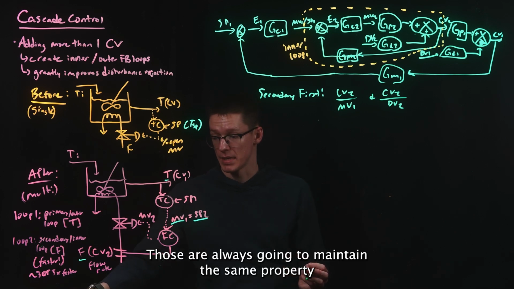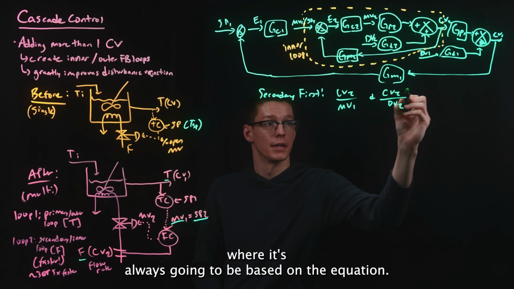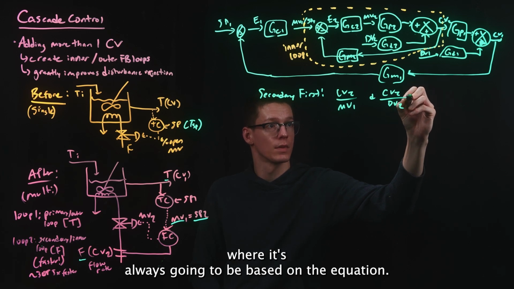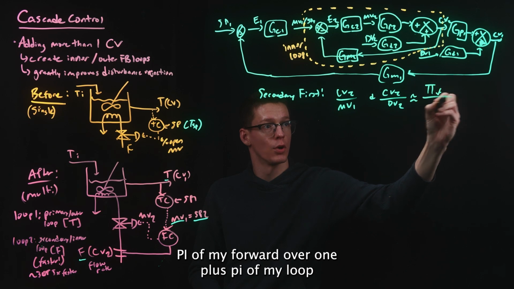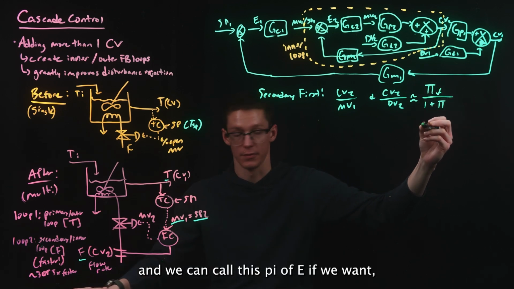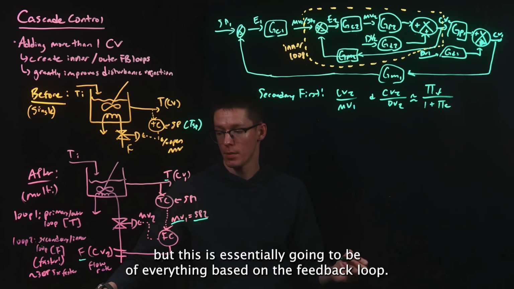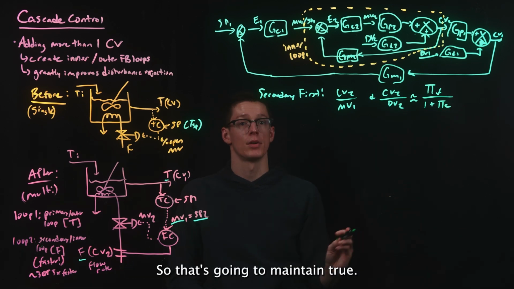Those are always going to maintain the same property, where it's always going to be based on the equation pi of my forward over 1 plus pi of my loop. And we can call this pi of E if we want, but this is essentially going to be everything based on the feedback loop. So that's going to maintain true.